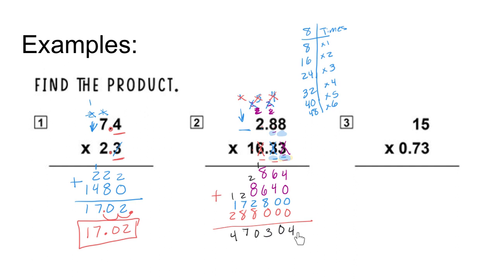So I would have a decimal here. I now have to put in the decimal back, moving back 4 digits. So 1, 2, 3, 4. Here would be my decimal. So the product for this problem would be 47.0304. That is my answer.